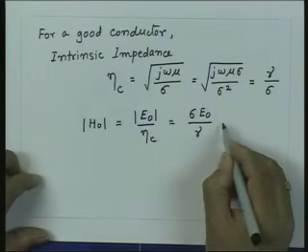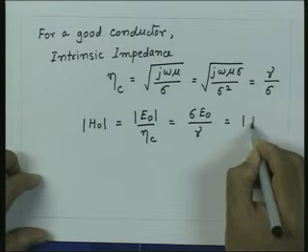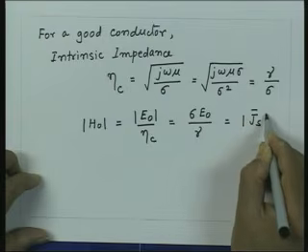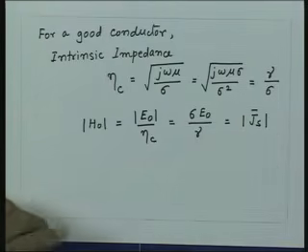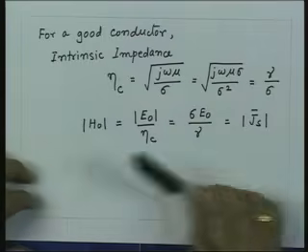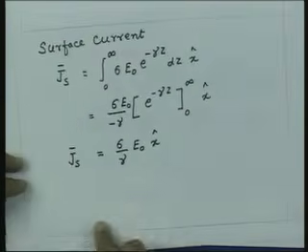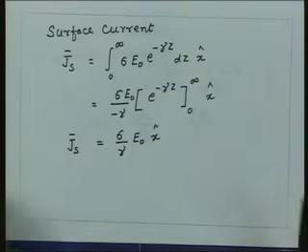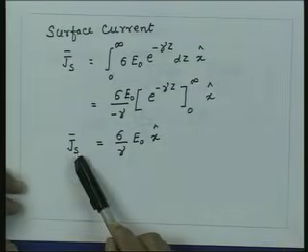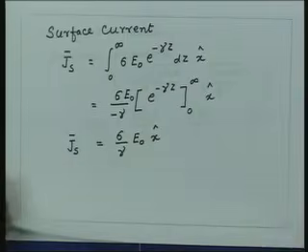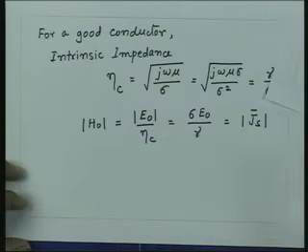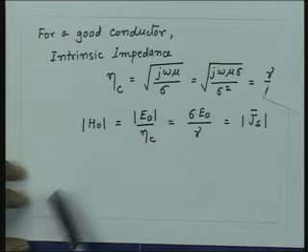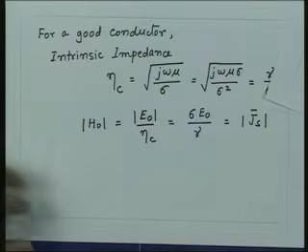So, that means magnitude of H naught is equal to the magnitude of the surface current. So, one relation which we wanted, that if this quantity is the surface current the way we have visualized, then it must be related to the magnetic field, and precisely that is what we see here, that magnitude of this surface current is related to the magnetic field.